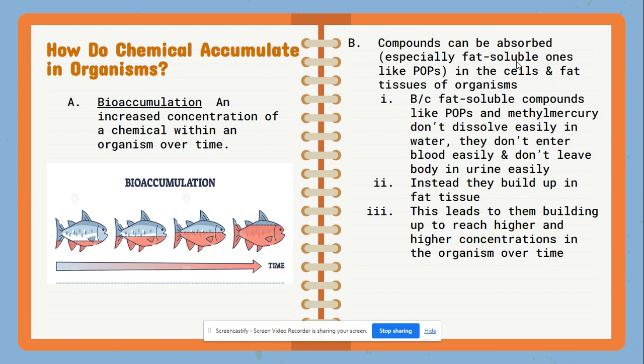If an organism were to consume another that's been contaminated with something like a persistent organic pollutant or a compound known as methylmercury, it's not going to easily dissolve in water or their blood. What it will do is dissolve in their fat tissues and accumulate in those tissues over time. So that's where we get that term bioaccumulation. So we see an increase in concentration of some sort of pollutant or chemical compound in an organism over time.